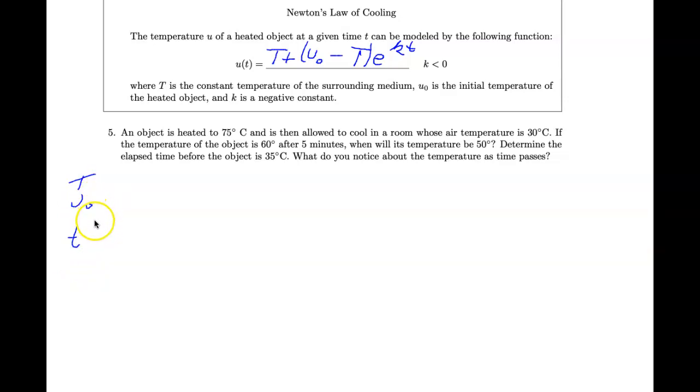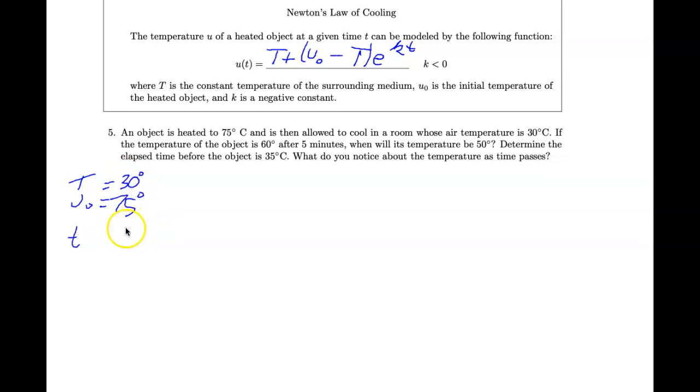If the object is heated to 75 degrees and then is allowed to cool, that's going to be the initial temperature, so that's our U naught. And it's allowed to cool in a room whose air temperature is 30 degrees, so that's the constant temperature of the surrounding medium, 30 degrees.